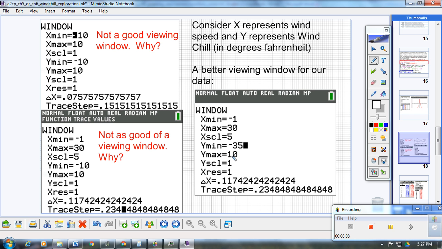I could have brought my Y max down a little bit because I know that if it's -2 out, I really should have started this at -2 or even 0. My Y max should have been 0 there. So I could have changed this to make it even a better viewing window.